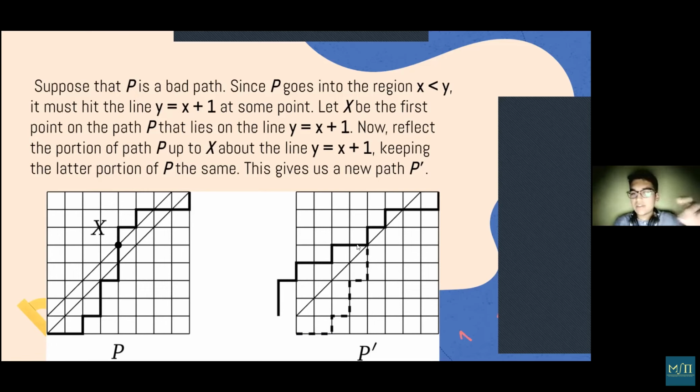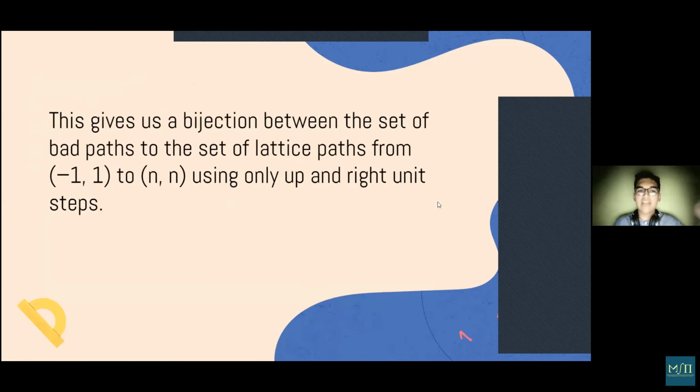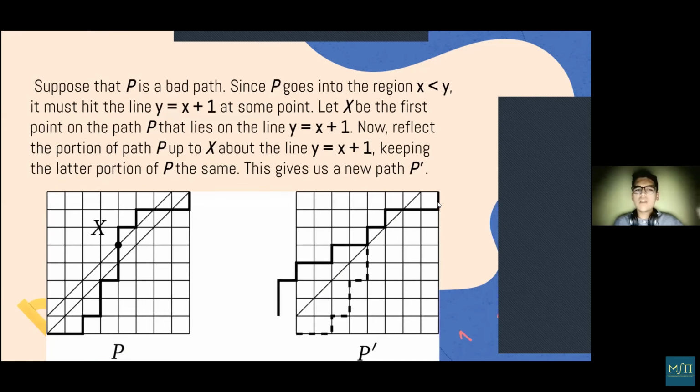And the paths from here to n,n may not be bad, but they are paths from -1,1 to n,n. Those are basically the set of every possible path from -1,1 to n,n, right?